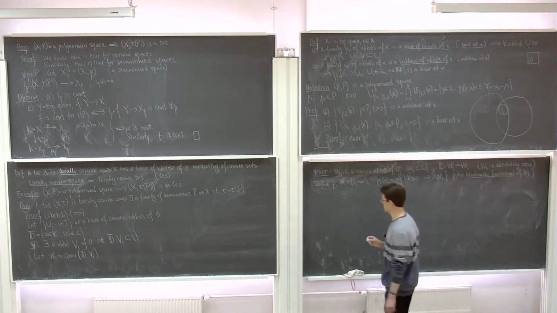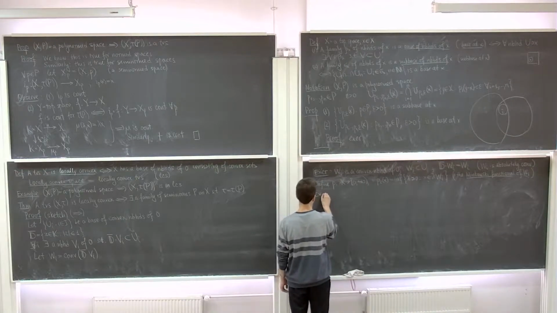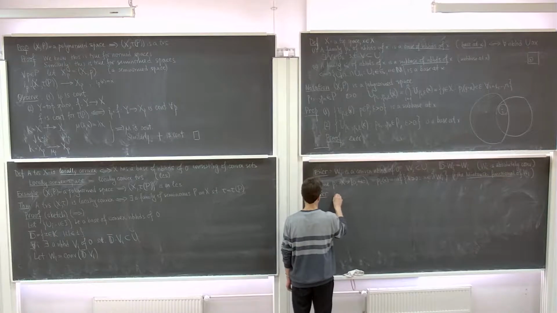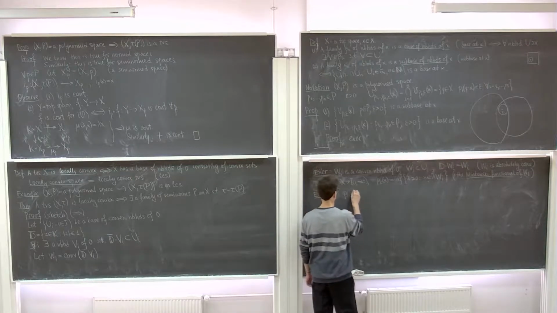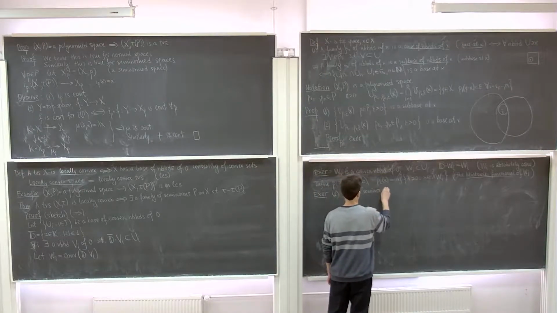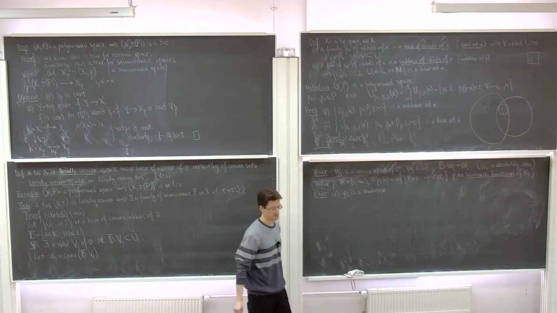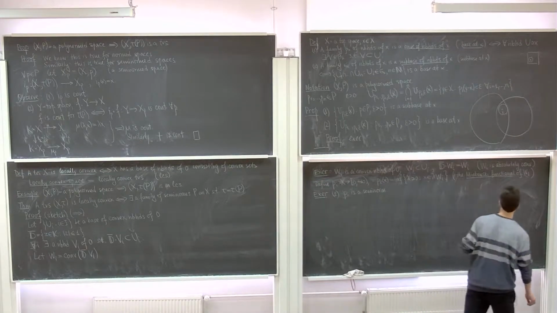And now to complete the proof, the end of the proof is a set of 3 exercises. First of all, Pi is a seminorm. This easily follows from the fact that Wi is absolutely convex.